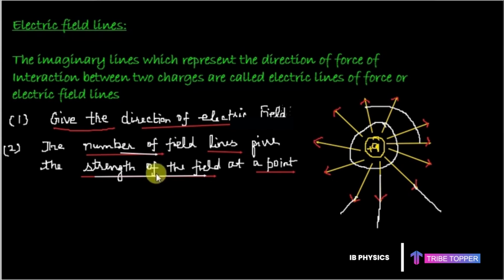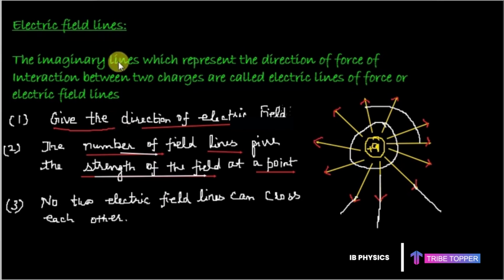Let's go to the third property. Another very important property is that no two electric field lines can cross each other. As you can see here, the electric field lines will never intersect each other. You cannot have an electric field line going this way and another one going this way, at a crossing. This is sometimes asked as a 1-mark question: why can no two electric field lines cross each other?